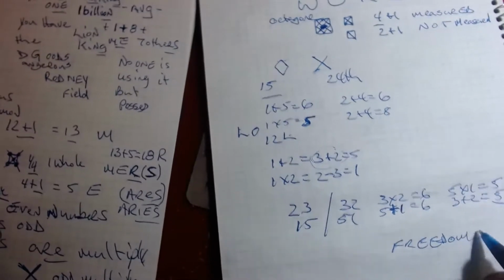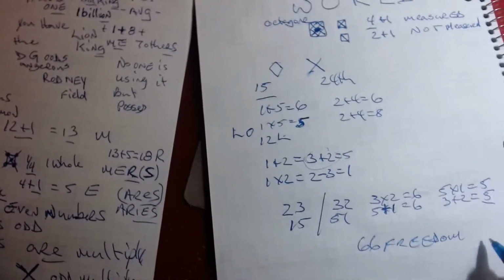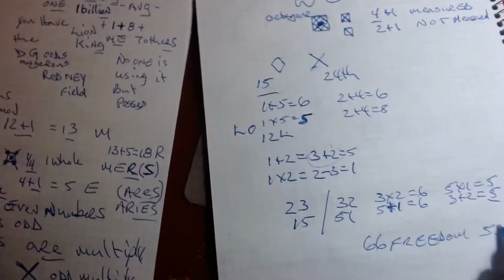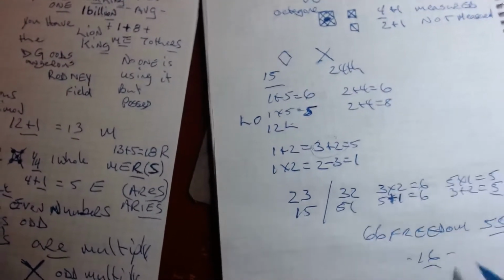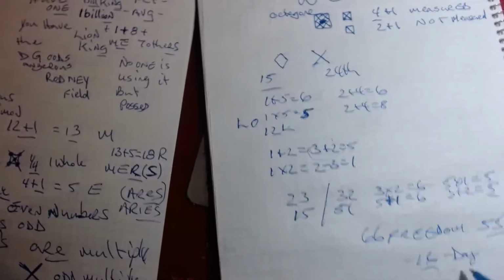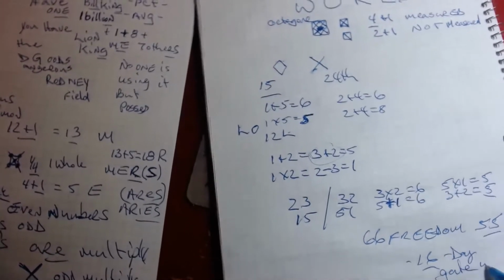From my day and age, although the numeric value of freedom is 66, the freedom you get is 55, and it all stems from number 16, and that is your day and your gateway.